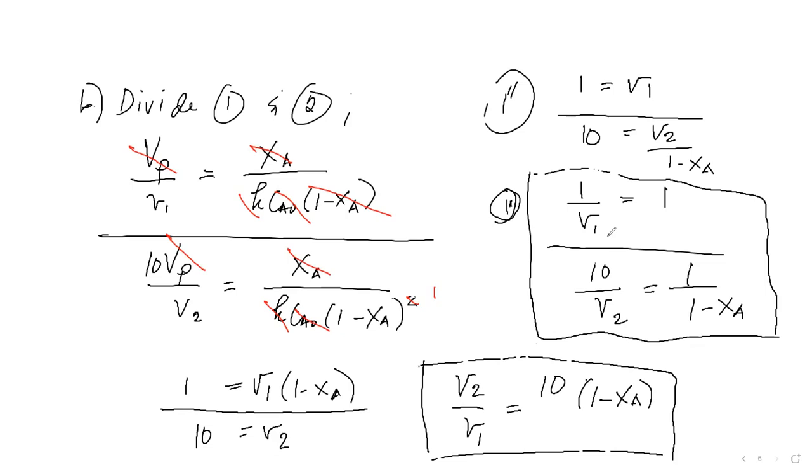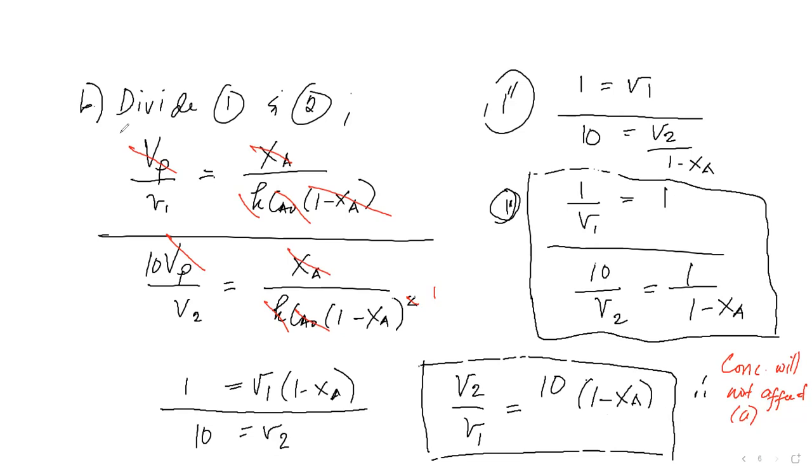So therefore, we can say that concentration will not affect A in any way, as long as we don't change the conversion. Concentration will not affect A as long as there's no change in the conversion.